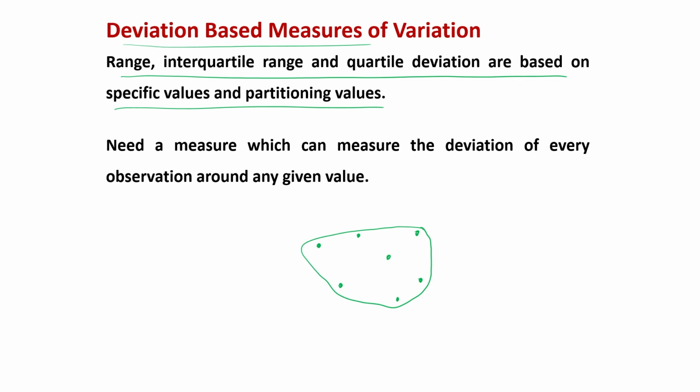This point can be anywhere, for example here also, or here also. So I will not consider these two points, but I will consider this point. The black color point is the point around which we would like to see the variation of data. From this point, the variation is like this for each of these data points.